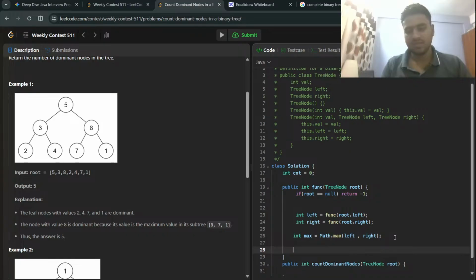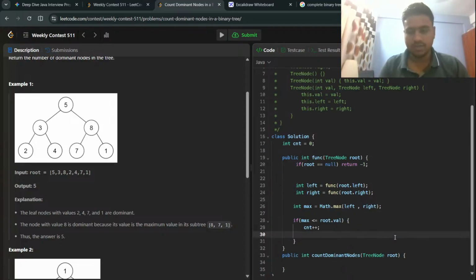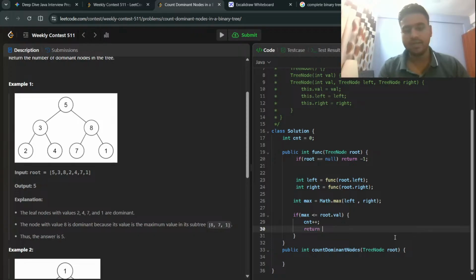Okay. So if the maximum is lesser than or equal to root.val, then we can say that, then we can increase our counter, and then return root.val.